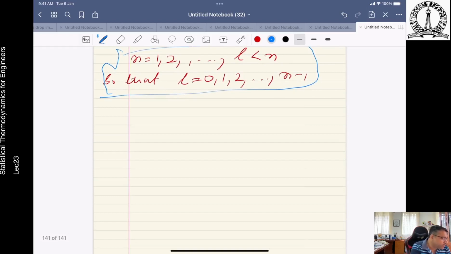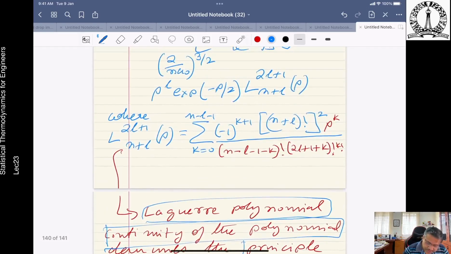First, the associated Laguerre polynomial and the radial functions can be given as follows. This is the radial function.